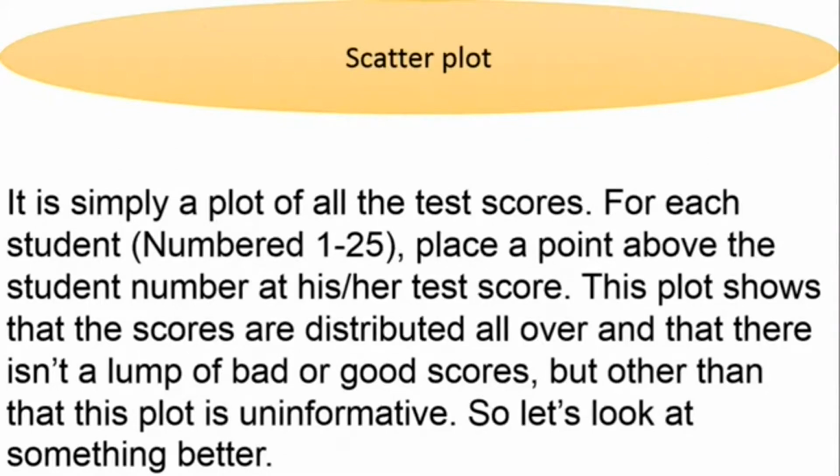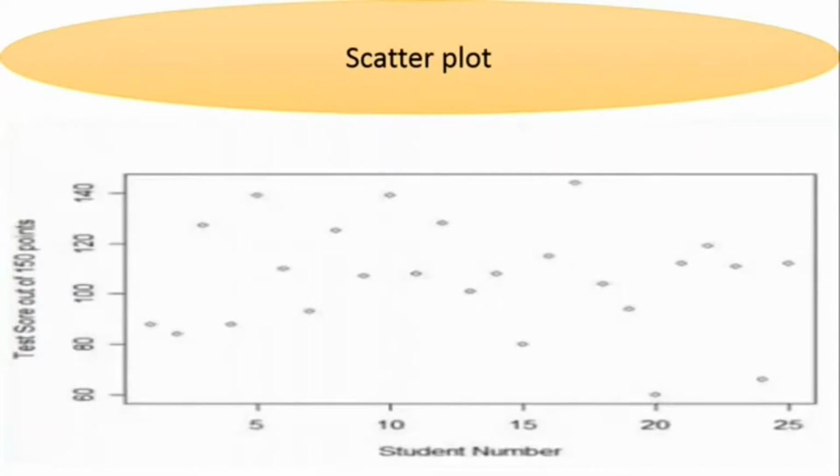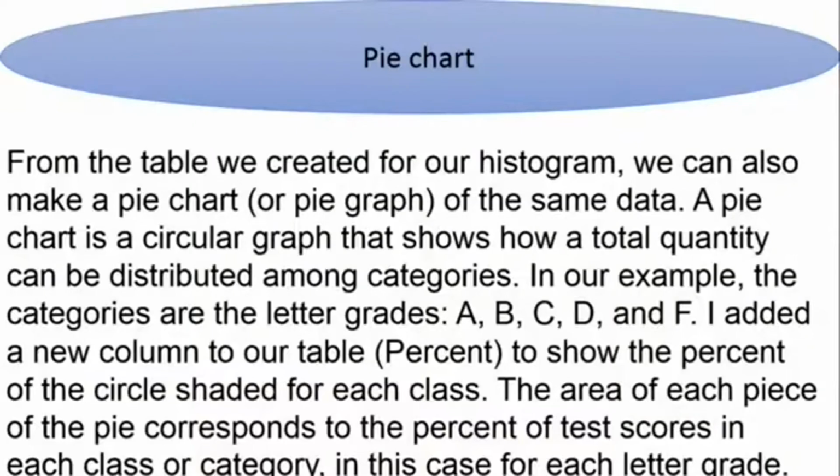It's very uninformative. So for each student number 1 to 25, we just represent on the y-axis his score, and you can see the scatter plot right now on your screen. So the other representation in this example is the pie chart.